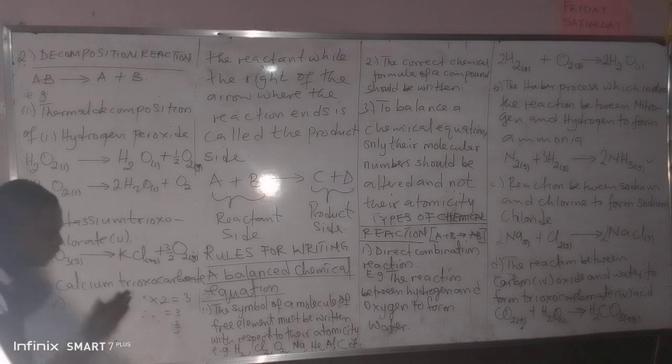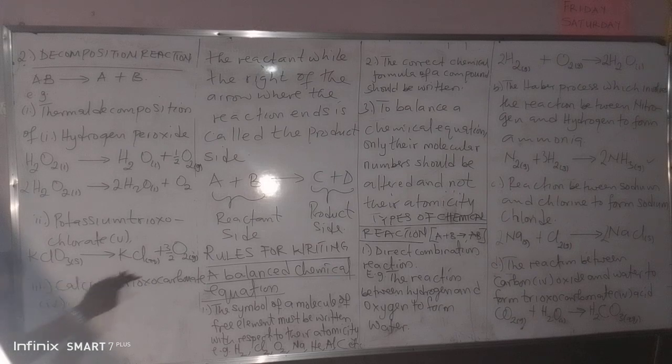So the equation now is balanced. Or if you don't like it like this, you can use the denominator to multiply through. You now have 2KClO3, which is solid, equals 2KCl aqueous plus what?